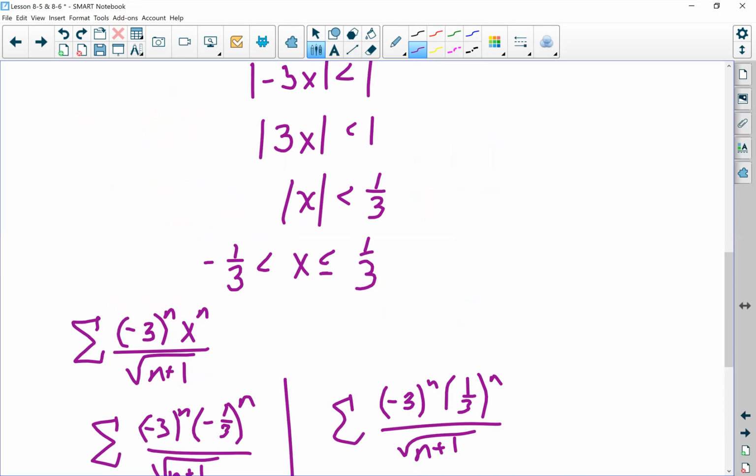Okay. So our radius is 1/3. Our interval is from negative 1/3 to positive 1/3, including the positive 1/3.